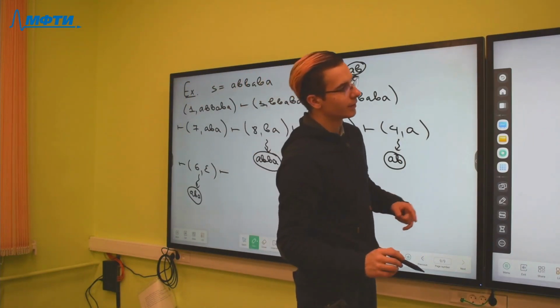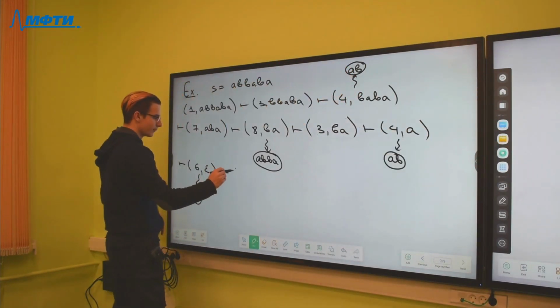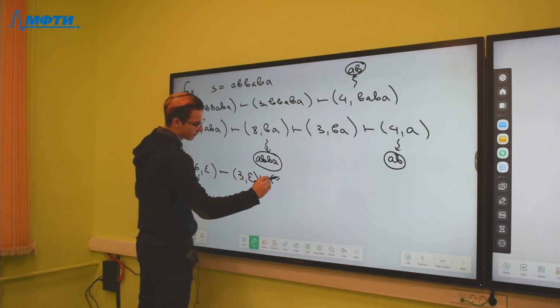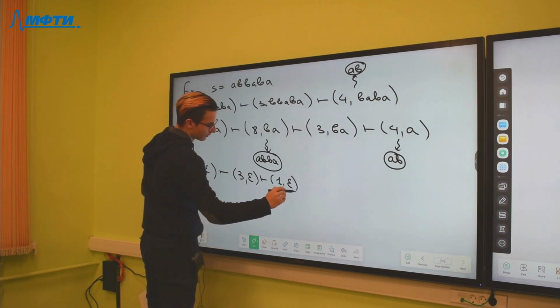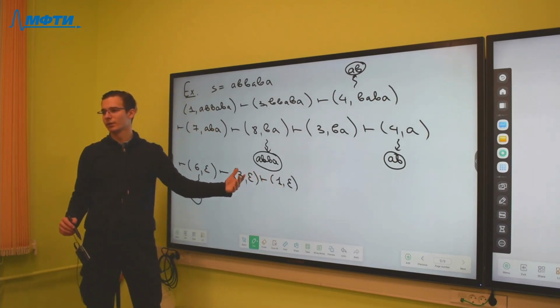So we go from 6 to 3, from 3 to 1, because of course we can find here 2 final states.